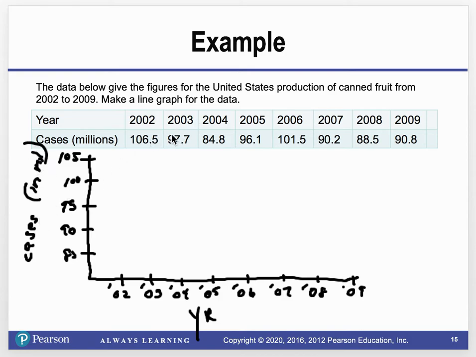All right, our graph also needs a title, so canned fruit production. Then you just go in and put a dot.